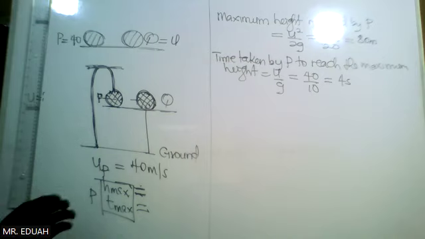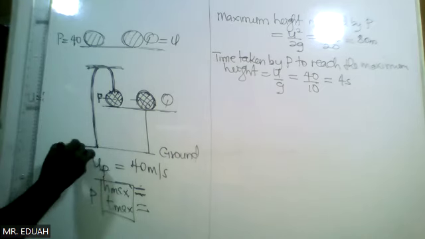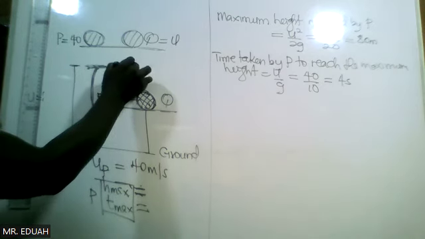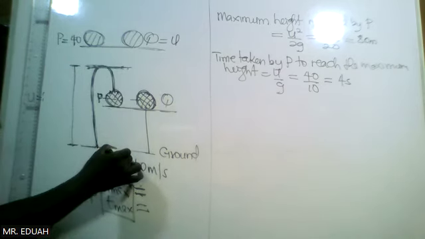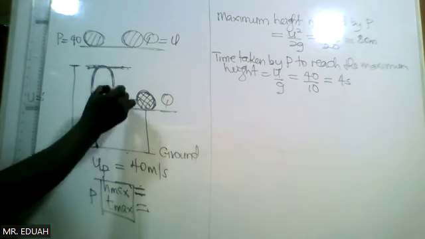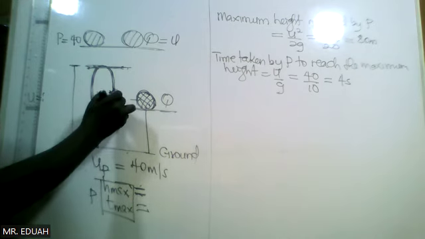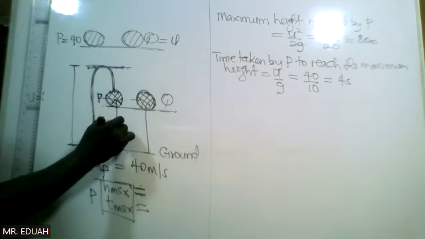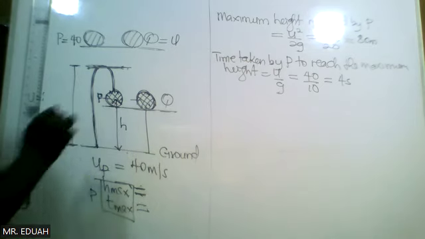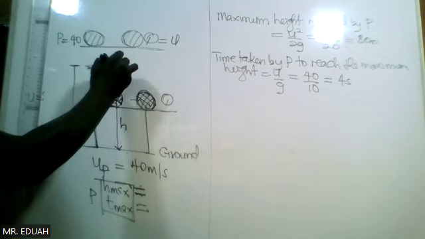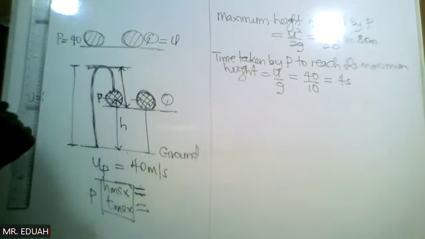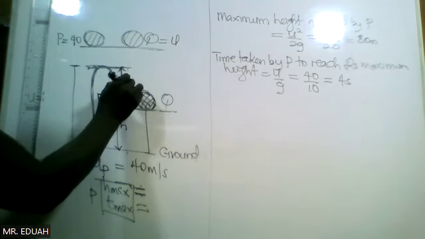Now look at something. From the ground to the maximum height is the same as from the maximum height down. Meaning, if I want this distance from the maximum height to where they are crossing each other, let's assume that that is y. If I could determine this distance, I must subtract it from what?